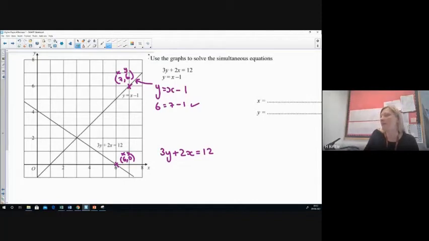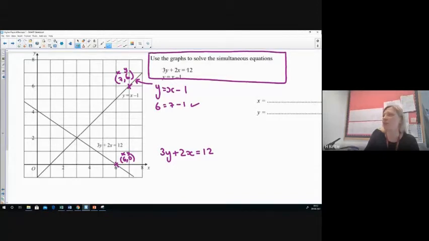We are being asked here to use the graph to solve the simultaneous equations. And then they've given us the equation of one of the lines and the equation of the other line. Now, if we want to know the value where both equations are solved, we're looking for the point that lies on both lines. So this coordinate here is on both lines. It's going to satisfy the top equation because it's on that line, and it's going to satisfy the other equation because it's on that line.